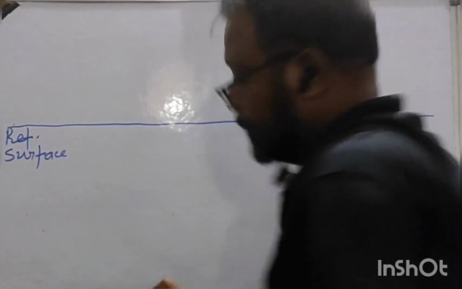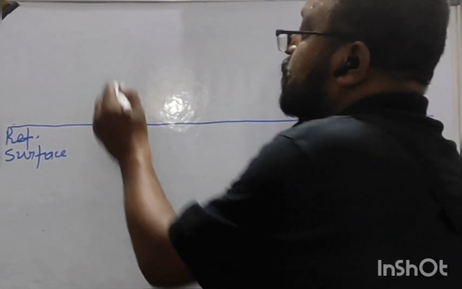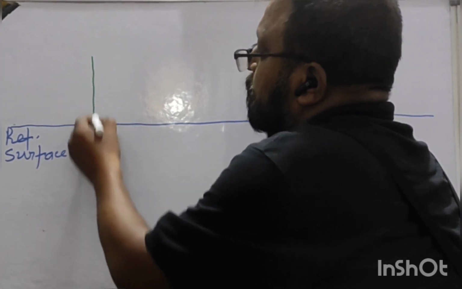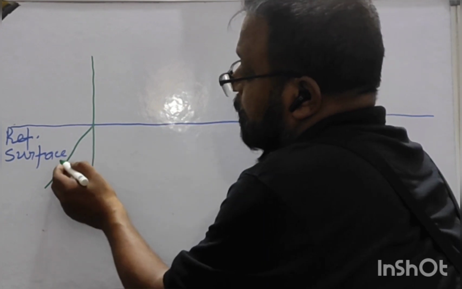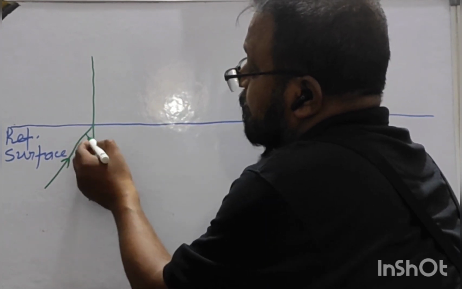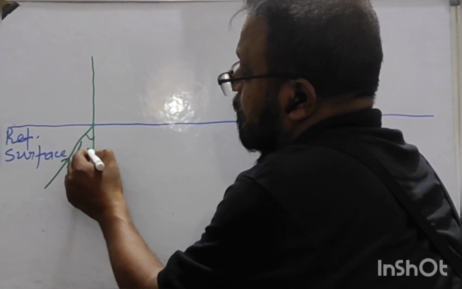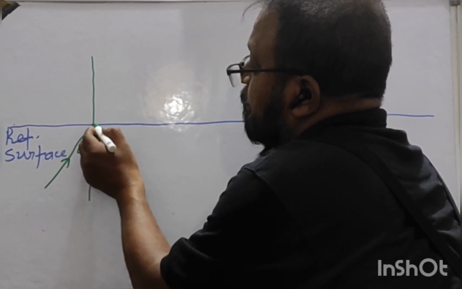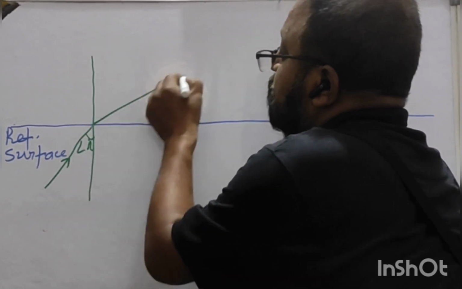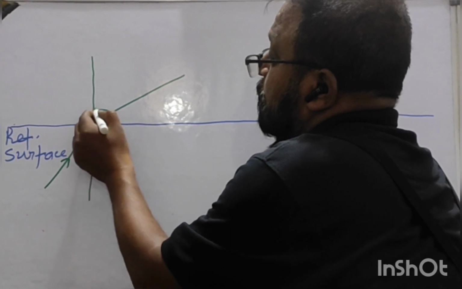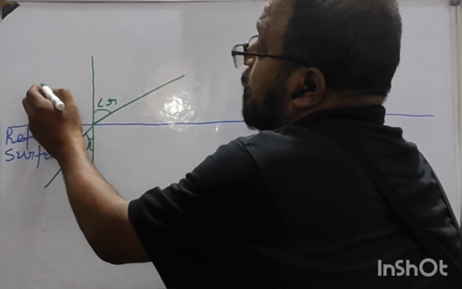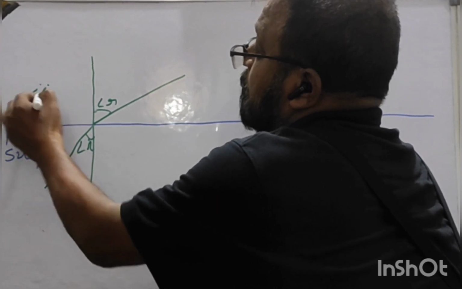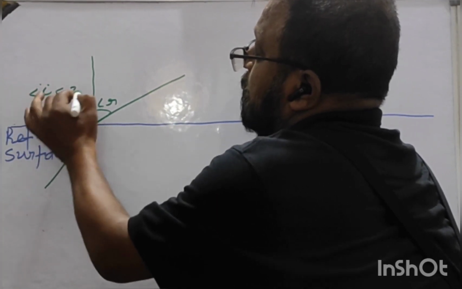And I told you in the first condition what happens: this is the normal, this is the incident ray, and this is angle I. When it gets deviated, it goes away from the normal. So this is R, and angle I is less than angle R, right?